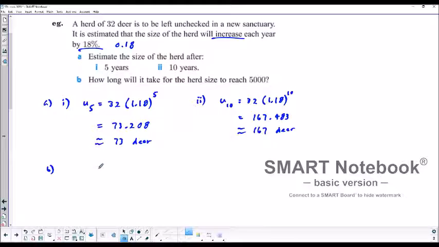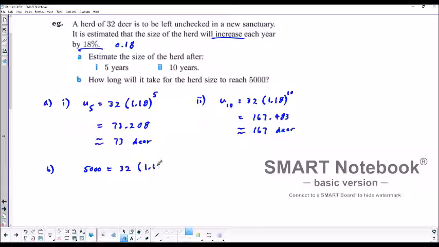Now we go to part B, and we want to see how long it'll take the herd size to reach 5,000. Well, we're going to do the same thing as we did in the last example with the poor herd of the erraticae. And so the final amount that we're looking at is 5,000, and the initial amount was 32.